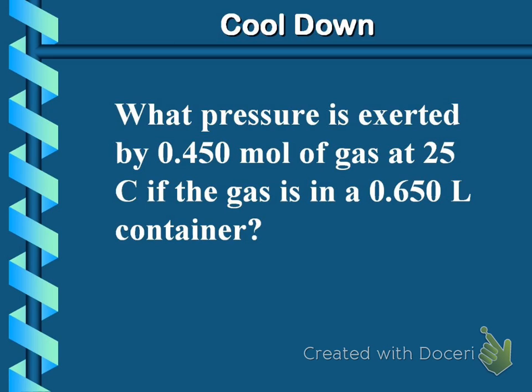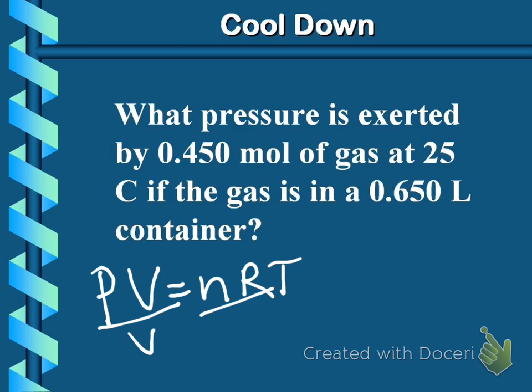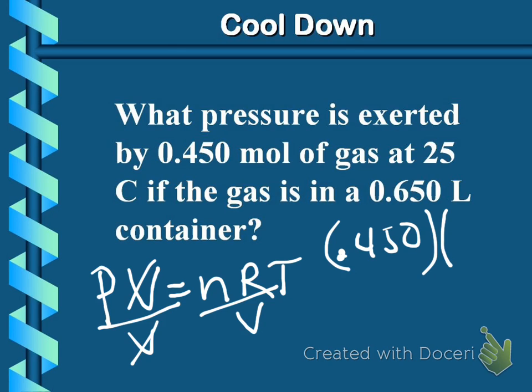Since we're talking about the ideal gas law, it must be PV equals nRT. Okay, and it says what pressure? So it looks like it's over volume again. So it looks like nRT over V: 0.450 times 0.0821.